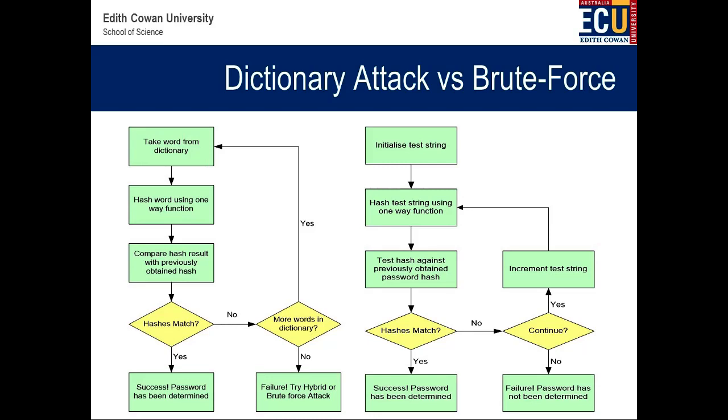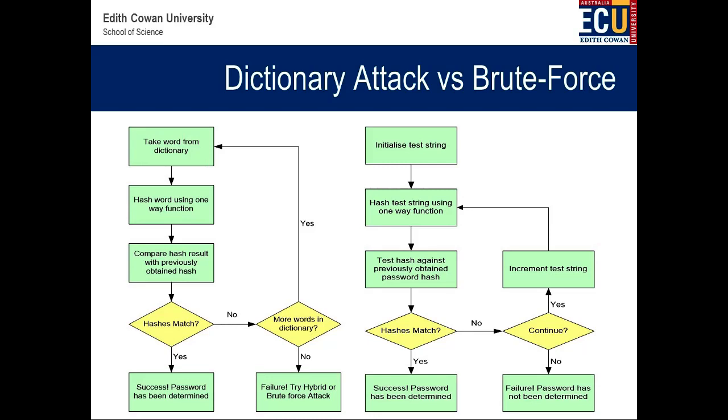These two flowcharts will explain further the difference between dictionary and brute forcing attacks. In a dictionary attack, we take a word from a dictionary and hash the word using a one-way function. We compare that hash value with the previously obtained hash, like a shadow file or SAM file. If the hash matches, we are able to compromise that system.